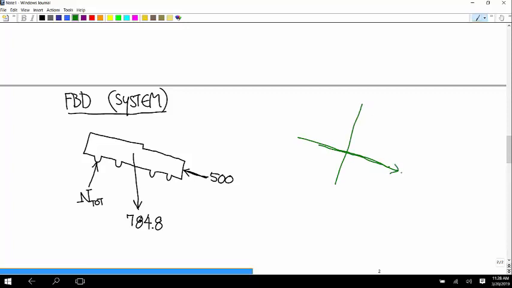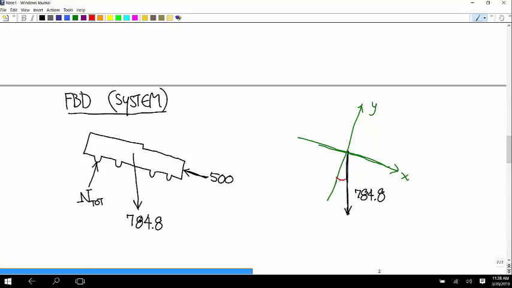Okay, so here's the coordinate system. And here's the weight force. It has a magnitude of 784.8. And here's an SAT question. What's that angle?